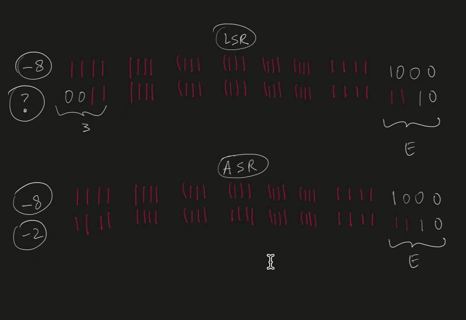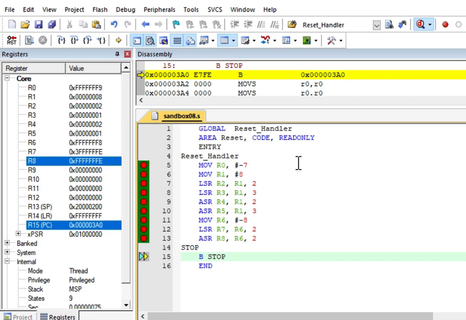Now the conclusion here is that for negative binary numbers, it is arithmetic shift right which works perfectly and you see the expected behavior. But when you have unsigned numbers or positive numbers, both give the same correct answers. This is exactly what we saw here.